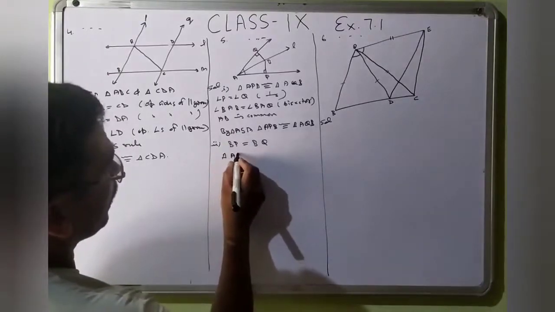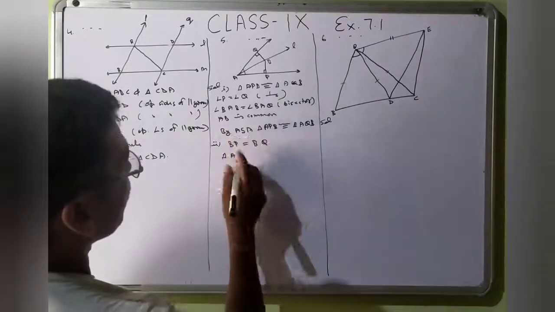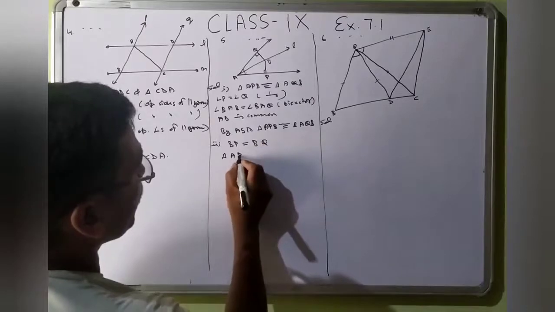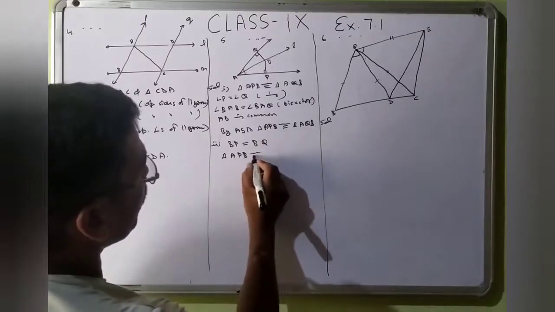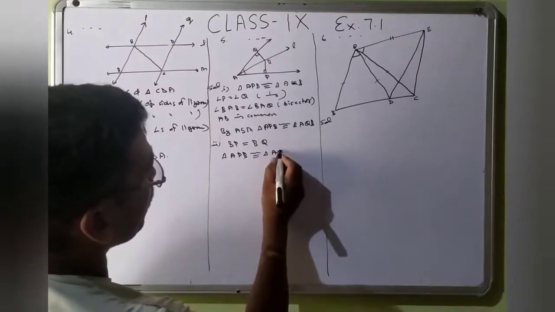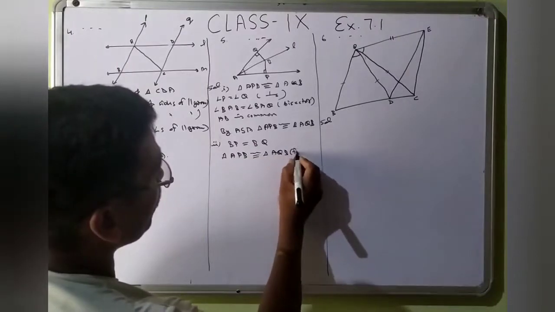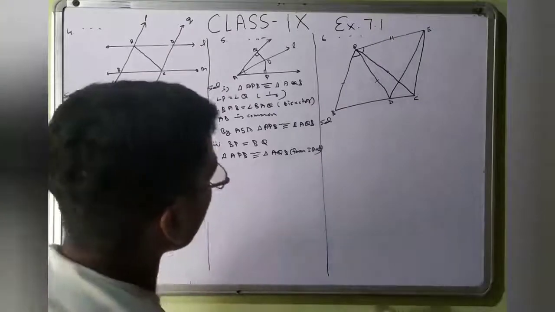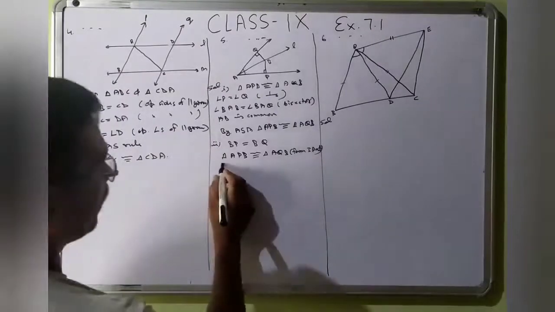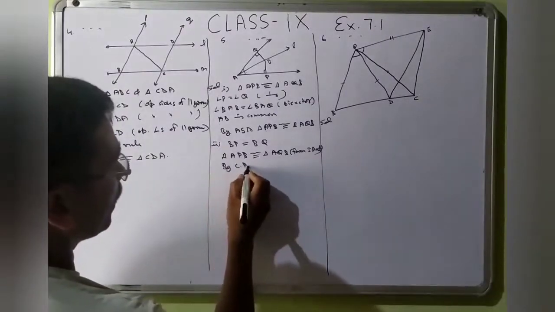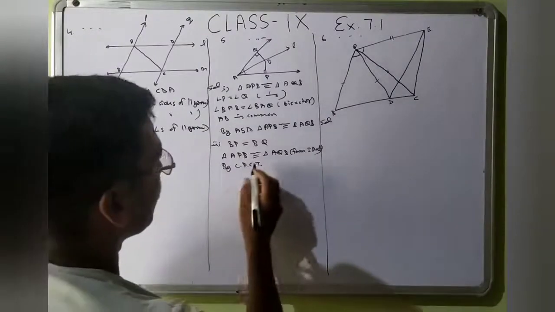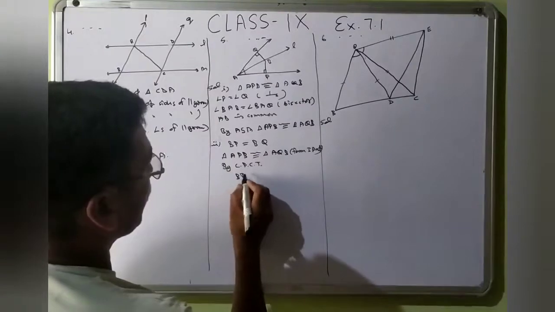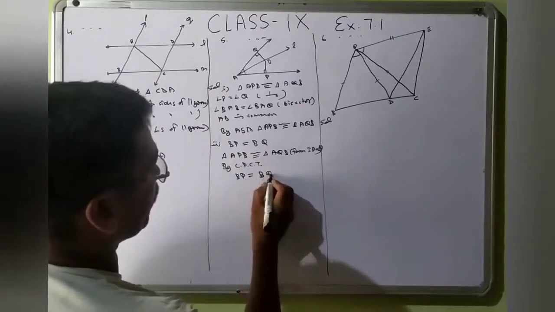Triangle APB is congruent to triangle AQB from the first part. We have already proved it in the first part. So by CPCT, BP is equal to BQ. Okay.